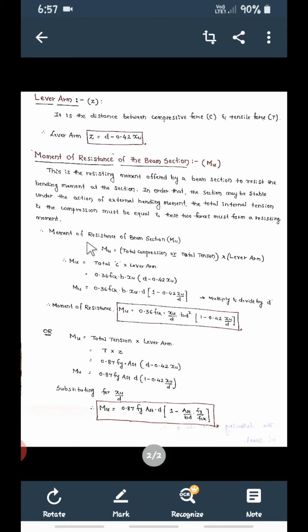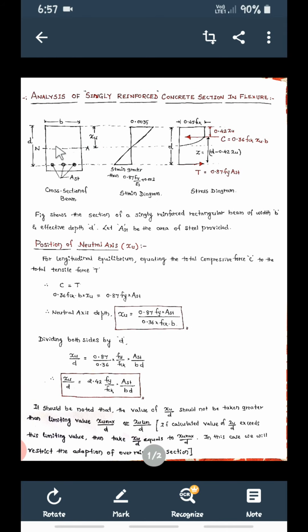Who will give the resistance? Resistance will be given by the concrete and the steel bar. They will give the resistance against the bending moment. If this resistance given by concrete and steel is more than the bending moment coming on the beam, there will be no problem.